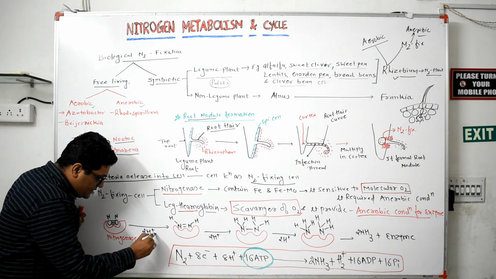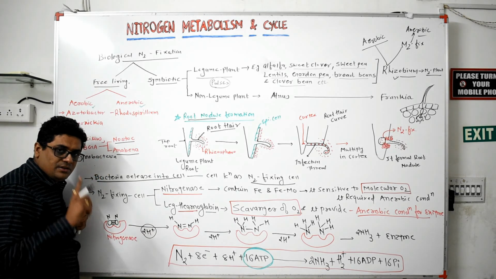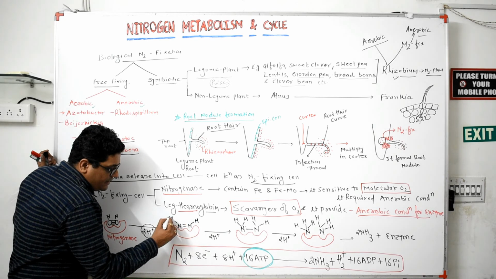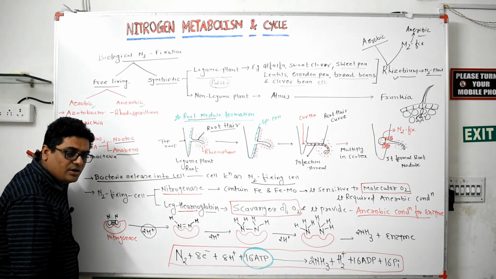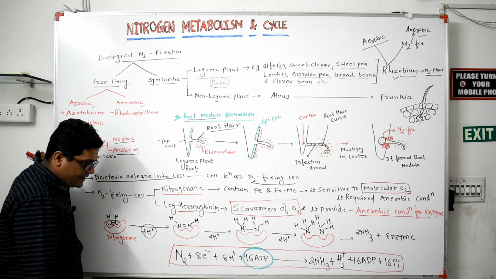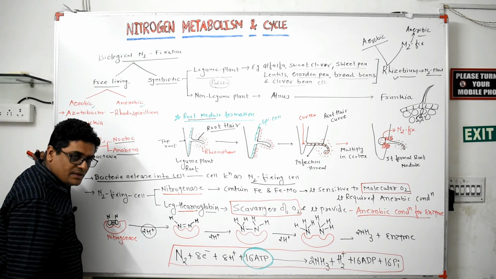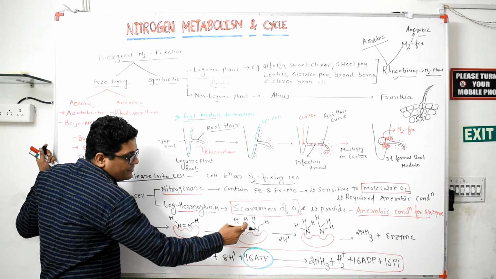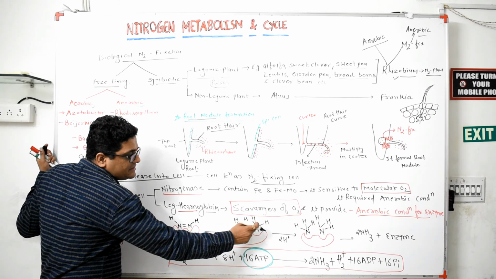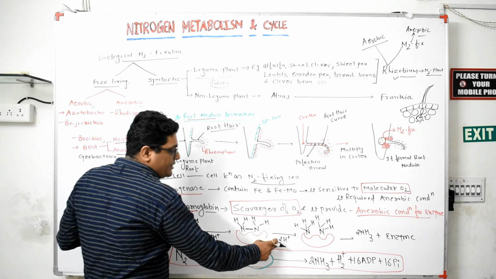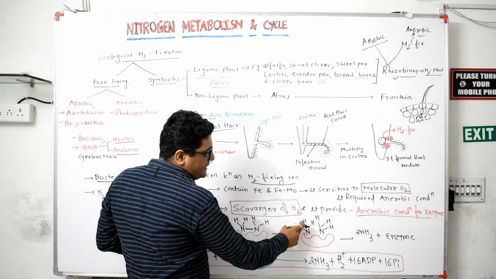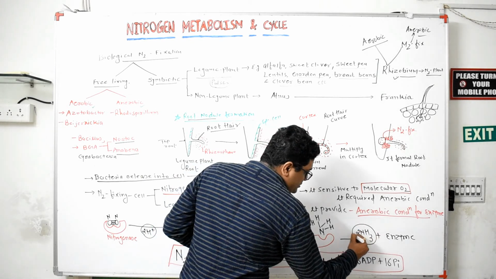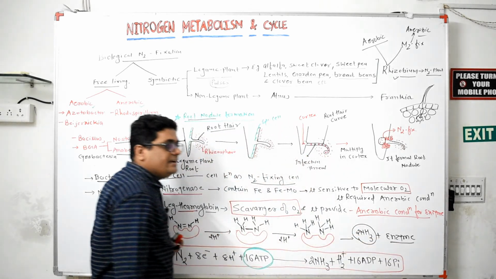Now with the addition of hydrogen atoms, one bond gets broken and it binds with two atoms of hydrogen and forms 2NH. Again hydrogen is added, one more bond gets broken and it forms NH2 NH2. Again two hydrogens are added and it forms NH3. At the end it forms 2NH3 and the enzyme is released.